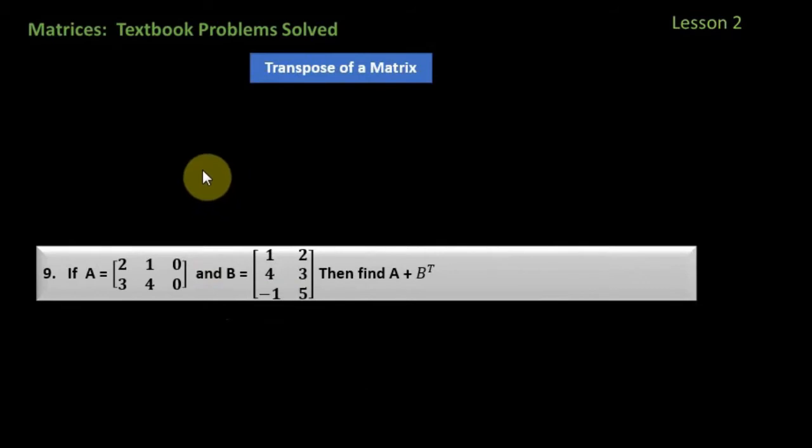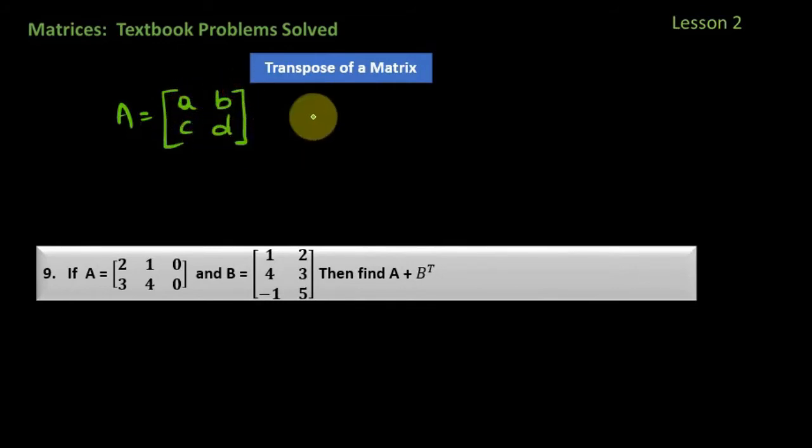So this is also based on a new topic called transpose of a matrix. So what does transpose of a matrix mean? Simply changing the row elements to column elements. I'll explain with an example. Suppose I have one matrix called A, right? A, B, C, D are the elements of that matrix. Then the transpose of the matrix is denoted by A power T, or simply we'll write A dash.